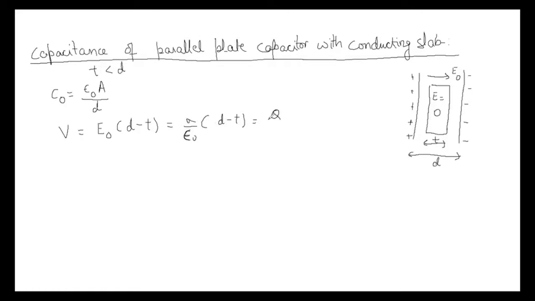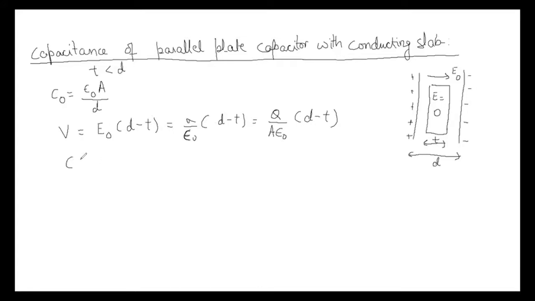If Q is the charge and the plate area is A, then sigma is given by Q by A, so we get Q by A epsilon naught into D minus T. This is the potential which is existing only for this distance. Why? Because the net electric field is zero inside. So the electric field exists only for D minus T distance, and the potential is electric field into distance, that is E naught into D minus T.